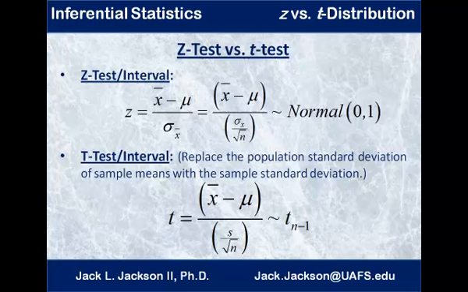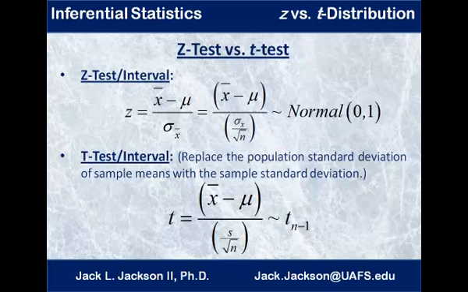A z-score, if you remember, is we take our sample statistic, our x bar, subtract the hypothesized mean, mu, and divide by the standard deviation of that sampling distribution. That is the standard deviation of the x bars, which is the standard deviation of the x's divided by the square root of the sample size.